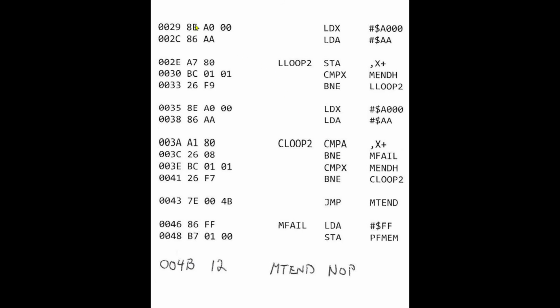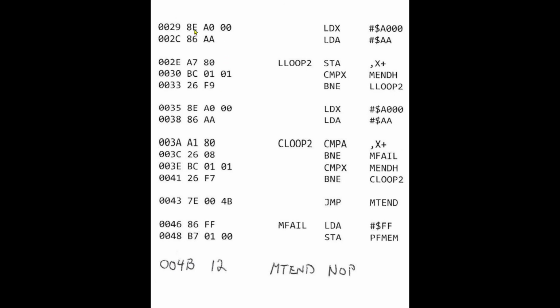Now over here you see this column right here. This is the address in the trainer's RAM. That's not the RAM that we tested. This is the address in the trainer's RAM that starts at address 0000. And here's the opcodes and the operands that we typed into the trainer.